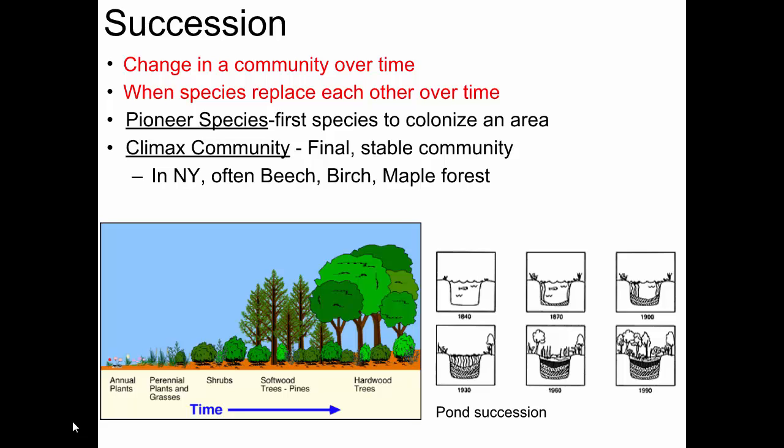Succession also takes place in ponds, for example. If you ever had a pond on your property, you know that over time they fill in. Because as plants in those shallow ponds grow and die, they fall to the bottom, they decompose, and this decomposing plant matter builds up from the bottom.